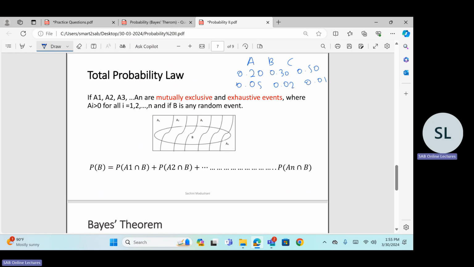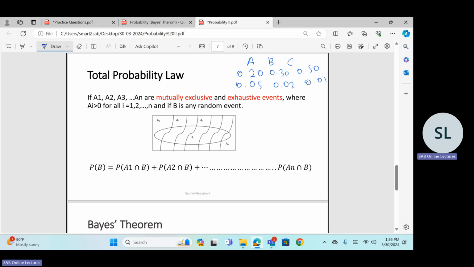We need to get the probability of the defective item, which we call the total probability law. The output may be defective. That is the common thing to machines A, B, and C. Then we need to get the probability that we select an item and that item is defective.